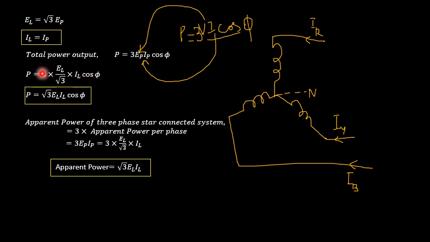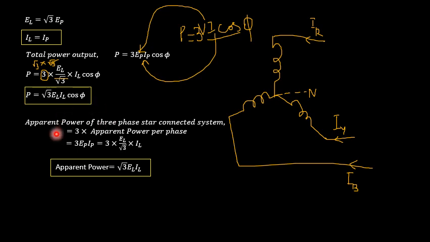Now 3 can be written as root 3 multiplied with root 3, so one of the root 3 terms will get cancelled out with the denominator, and we remain with the final equation: root 3 EL IL cos phi. This is the total power output that we can calculate for a three-phase star connected system.